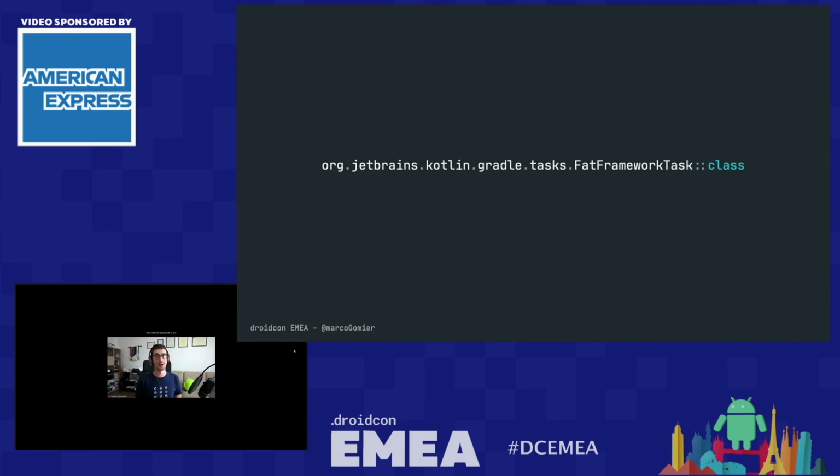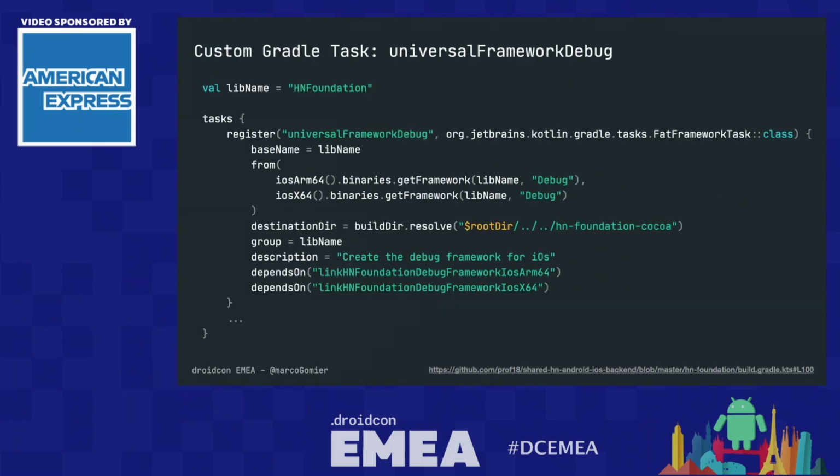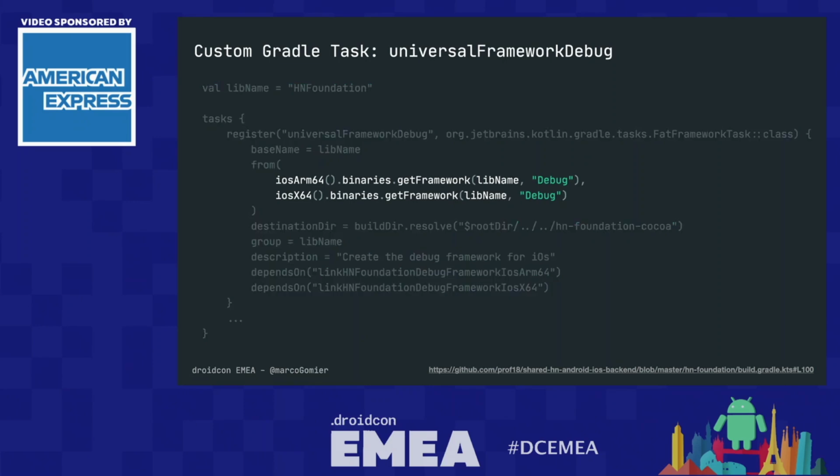So we can create our task to build the things. And so I've created a task to build the debug framework. And in this case, we need to define the architecture that we want, and of course the configuration.